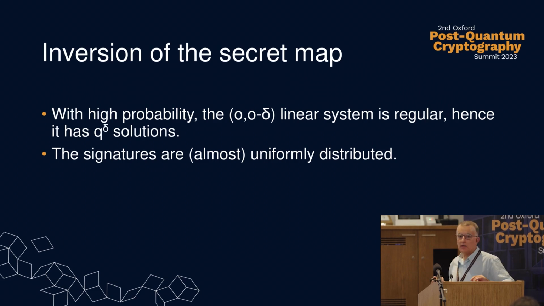So in this case, the system has Q to the delta solutions, in the event it is regular. And one fact that was very useful for the proof is that now the signatures have a very good distribution, which enables us to make the proofs.